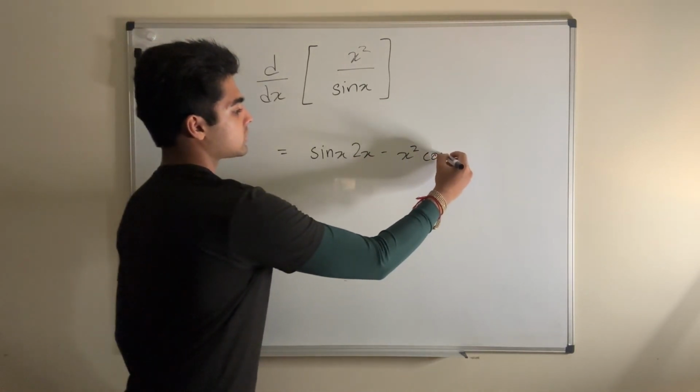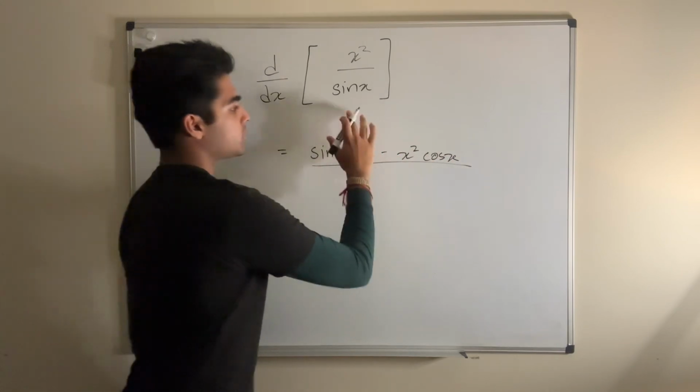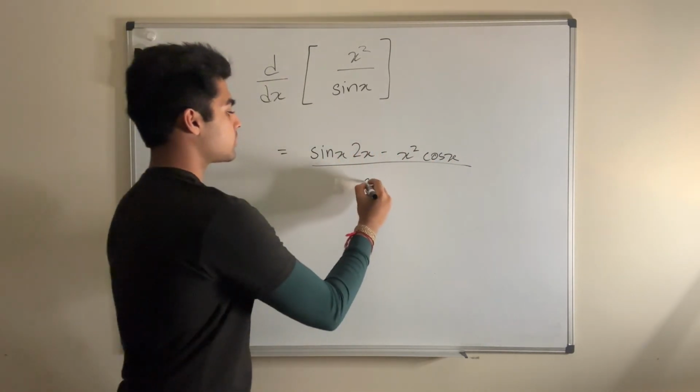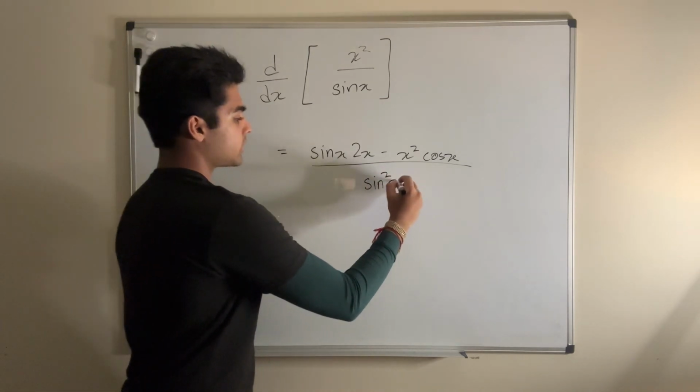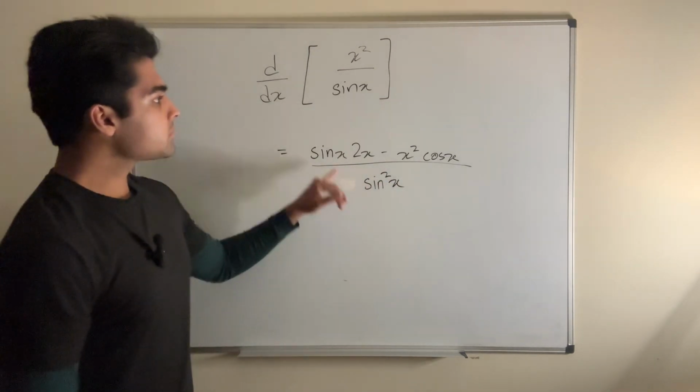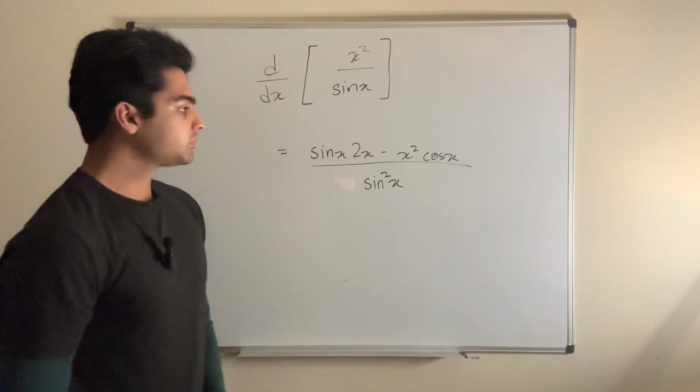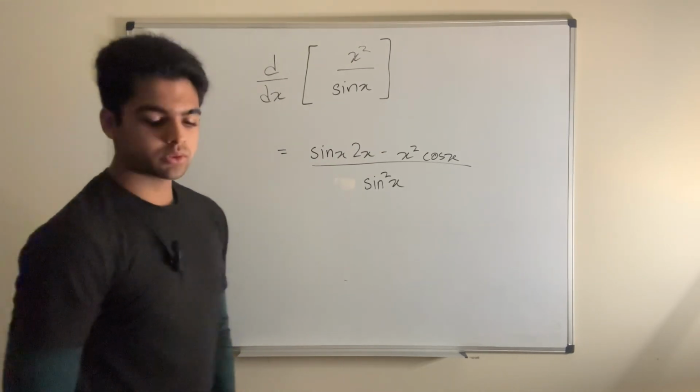So cosine x all over the square of what's below. So sine x is below, so we'll just do the square of sine x, sine squared x. So that's going to be the derivative of that. Yeah, it's kind of complicated, but not too bad.